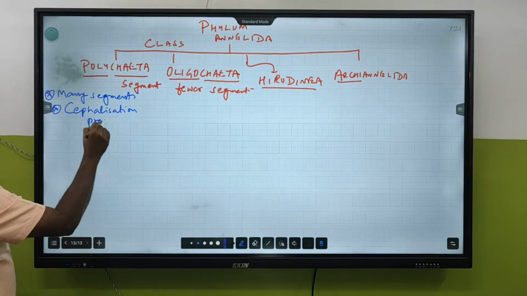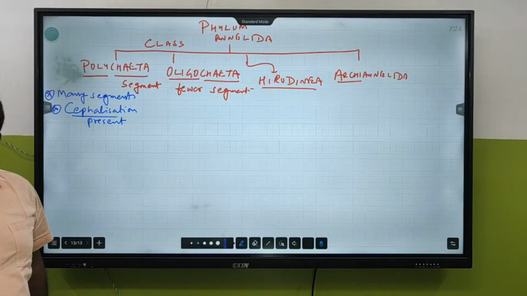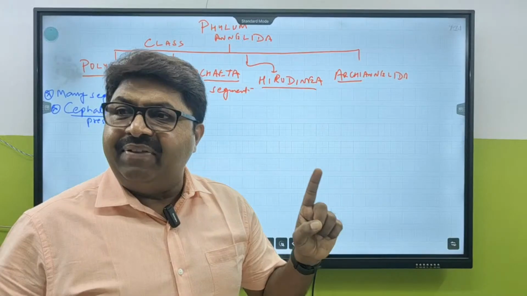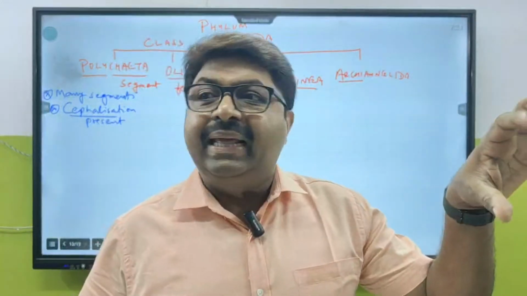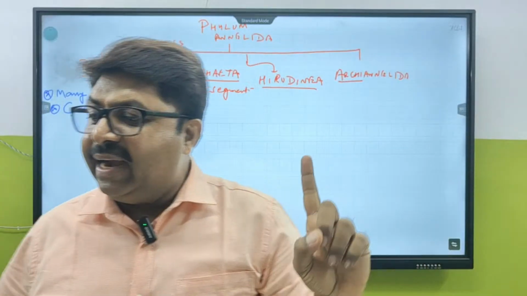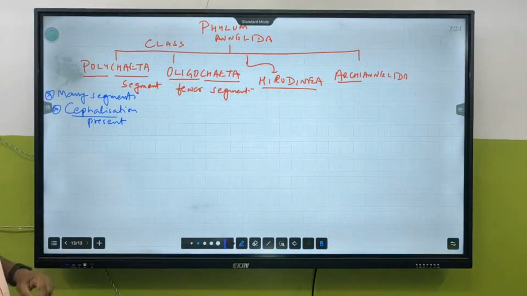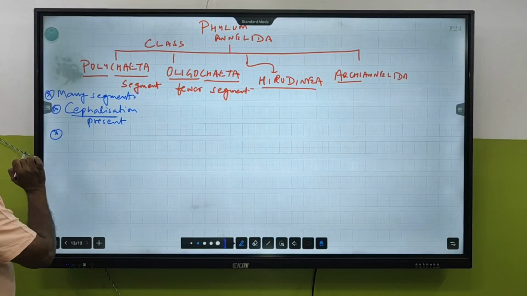What is the meaning of cephalization? Having a well-defined head. A head should contain some sensory papillae. So complete cephalization means they have got a head. Head formation is there.